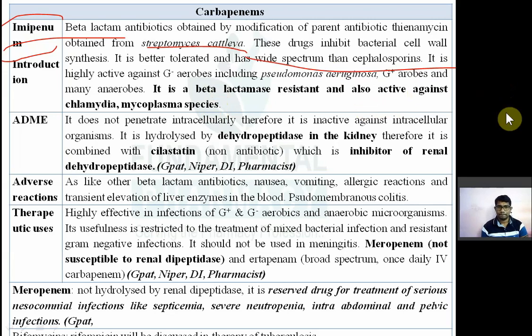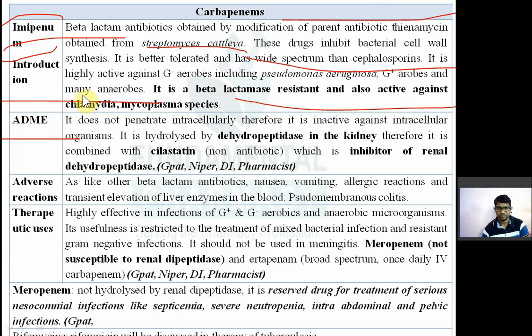It is beta-lactamase resistant and also active against chlamydia and mycoplasma species. Carbapenems are ineffective against intracellular organisms because they do not penetrate inside the cell, so they are less effective in intracellular infections.